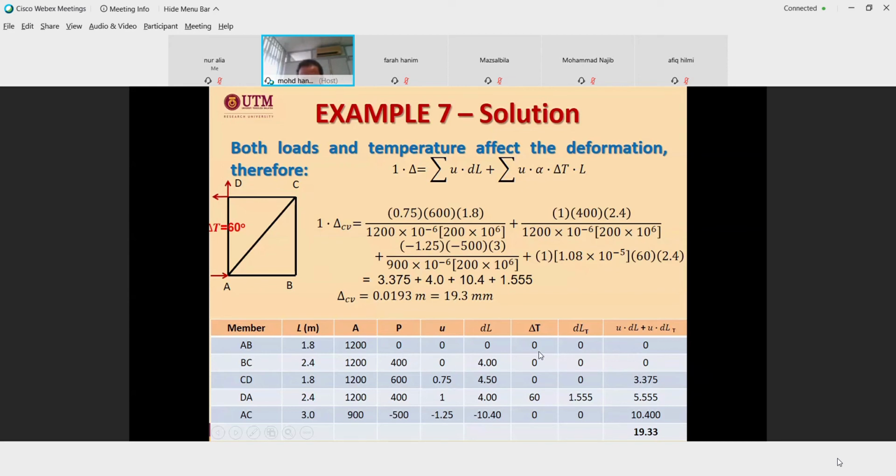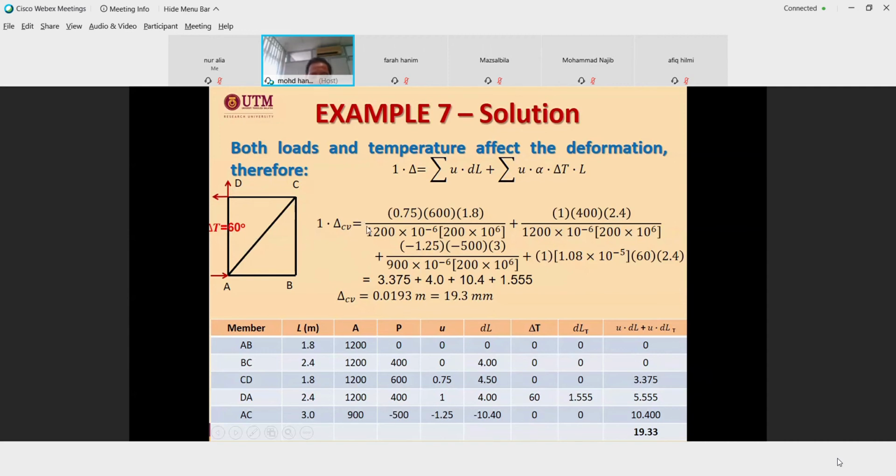Then delta T. In this case, delta T is only for AD. If you have other members with delta T, or other members with an increase in temperature, then you have to fill this column. In this case, only one.